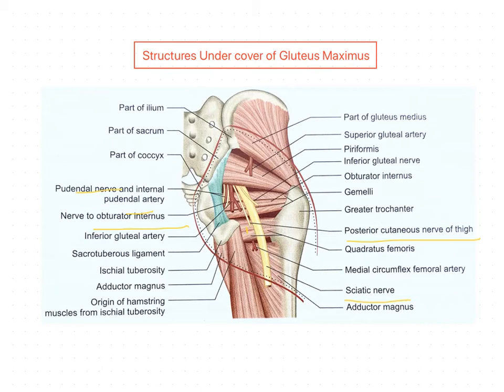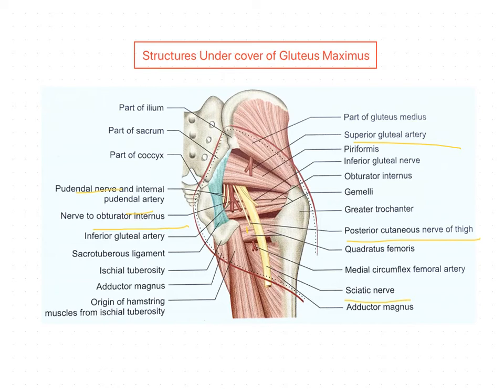Here you can find some of the arteries: the superior gluteal artery, and the inferior gluteal artery below this. So these are the main blood vessels as well as nerves. What are the main nerves? One is the sciatic nerve, nerve to quadratus femoris, and posterior cutaneous nerve of thigh.